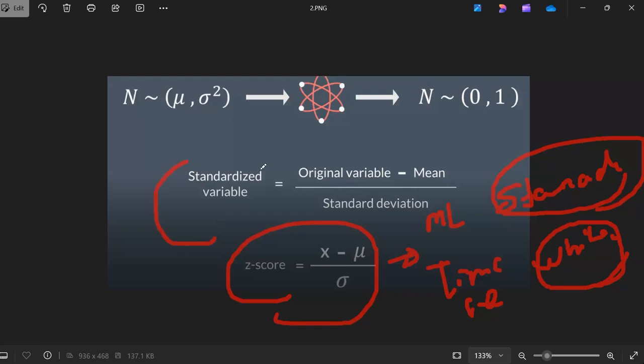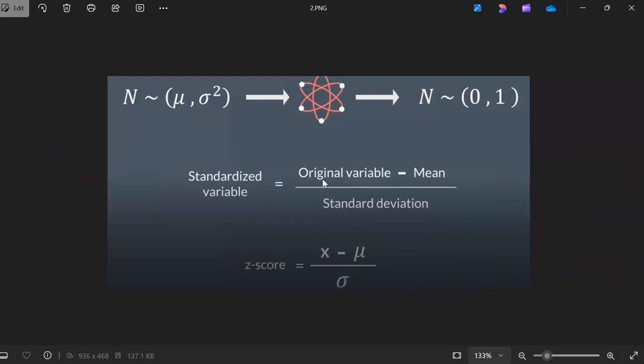So remember today's theory. I will explain the practical after 3 weeks, and connect today's session to it. Are you clear? So what is the Z-score? The Z-score is the original variable minus the mean, divided by the standard deviation.